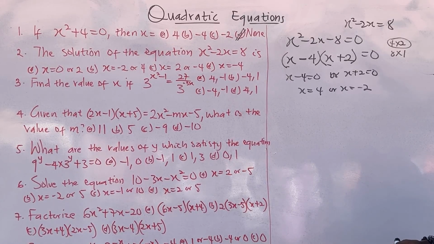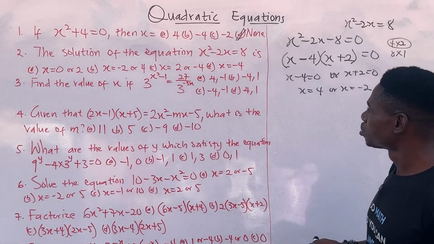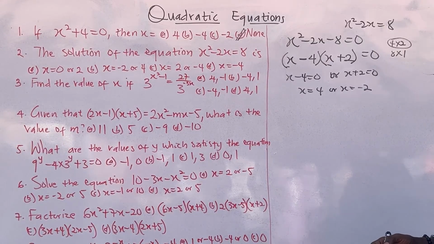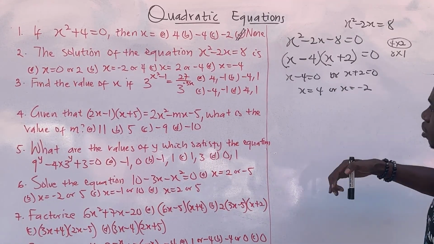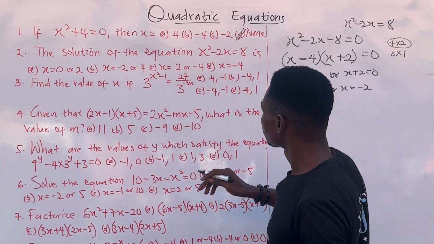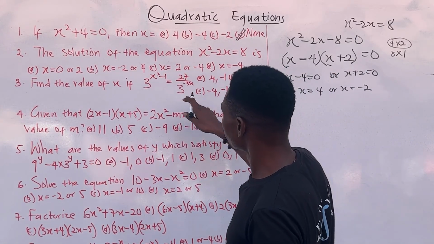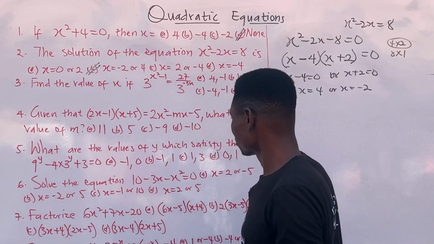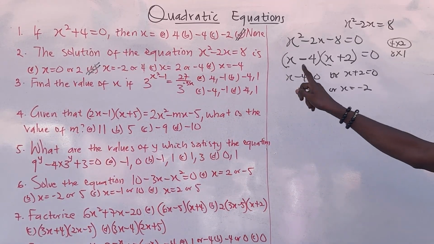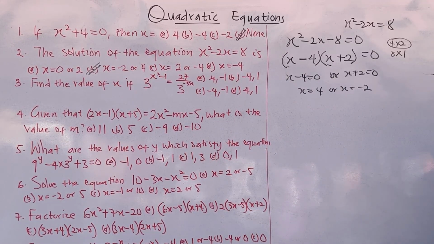So the correct answer will be option... Positive 4, negative 2. Okay, this is the correct answer. Positive 4, negative 2, or negative 2, positive 4. Okay, that was number 2.